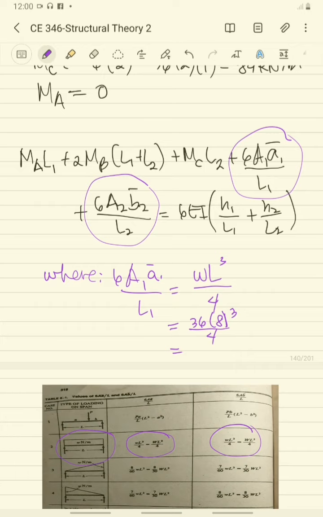So you have 4608 kilonewton meter squared.